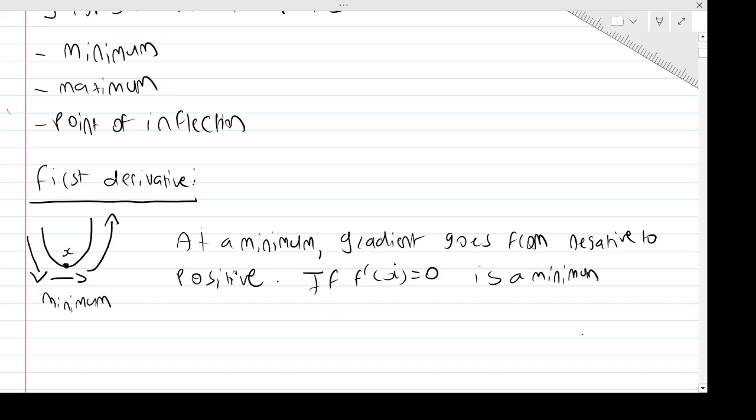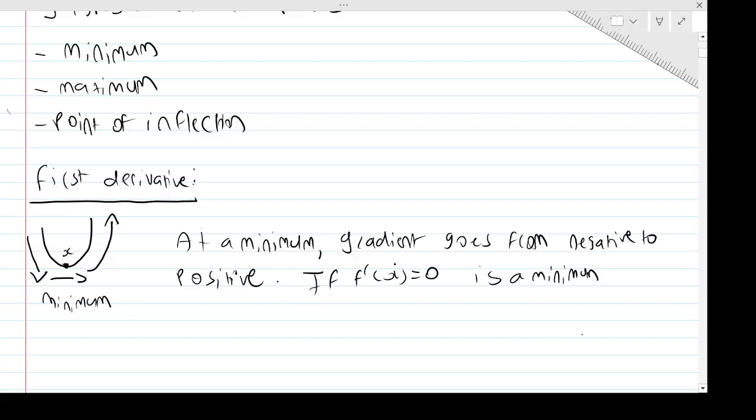And if it is a minimum, then we can use the sign of the gradient around it. If we're to the left of the point x, we can see the curve is going down, so the gradient has to be negative.